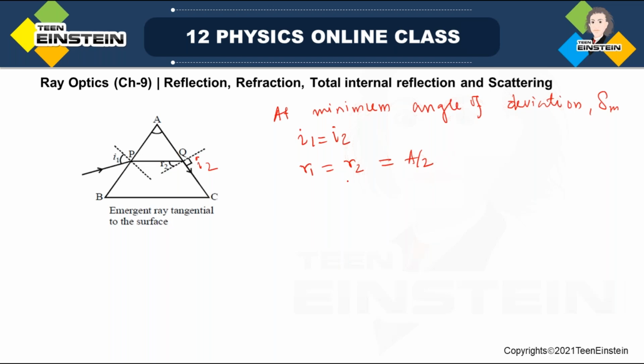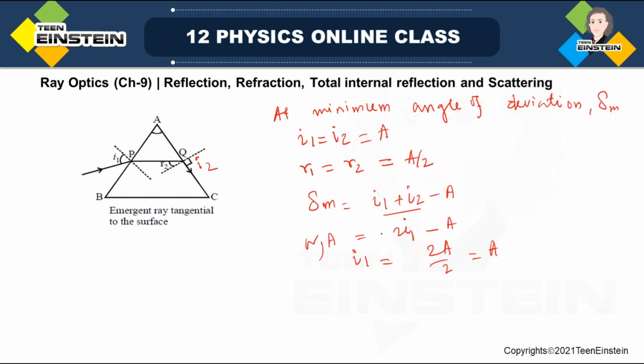So I know this relation: delta M is equal to I1 plus I2 minus A, so this is 2 I1 minus A, and delta M is again given as A. So I1 is 2A by 2, that is A. So I1 and I2 will be equal to A. That we have understood.